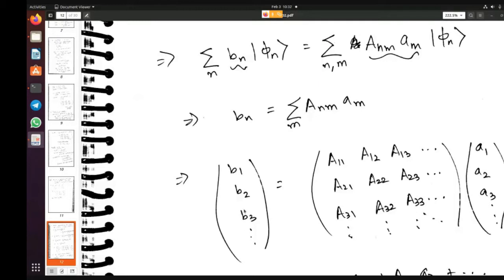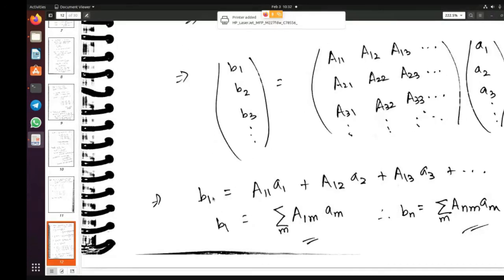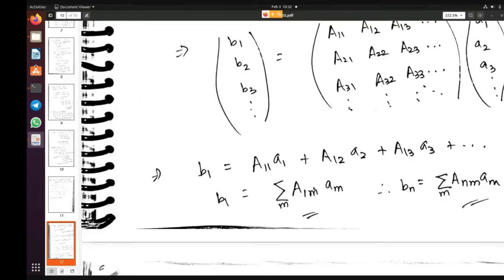You get the column B1, B2, B3 equal to the matrix A nm multiplied with the column vector a1, a2, a3, etc. Okay, so ultimately you're going to get B1 is what? A11 into a1 plus A12 into a2 plus A13 into a3, like that. So B1 is equal to summation over m of A1m into am. This is exactly what you're getting here. Okay, so Bn is equal to summation over m of Anm am.